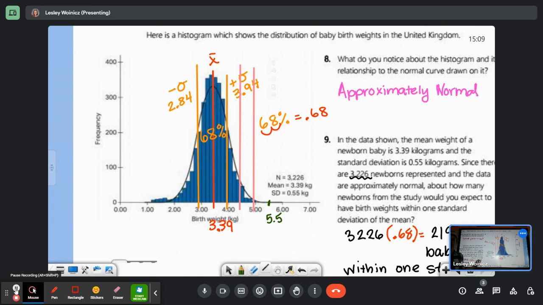Like 4. So next to no newborns are out there. Put that in your own words. At 3 standard deviations, almost 100% of the data is already represented. If we're going out to 4, it's a tiny percent of babies that would be that heavy. This is a massive newborn.